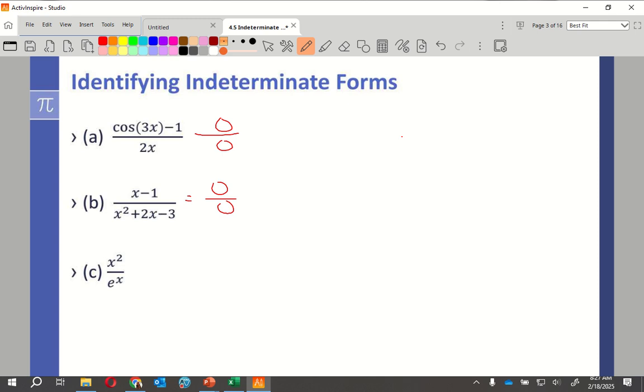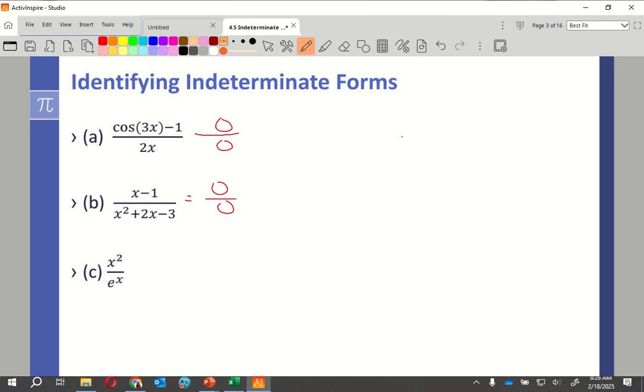All right, what about option C here? 0 squared is 0, e to the 0. Anything to the 0 power is 1. So that would be 0 over 1, so that one doesn't work there. So 0 doesn't work there. What would work? This one's going to be an infinity one.